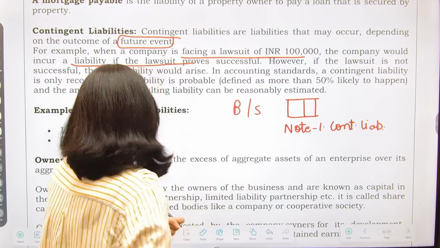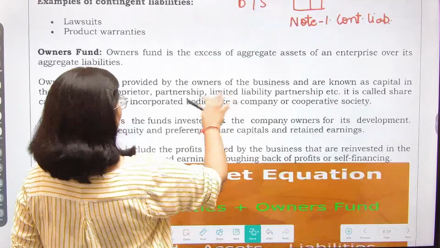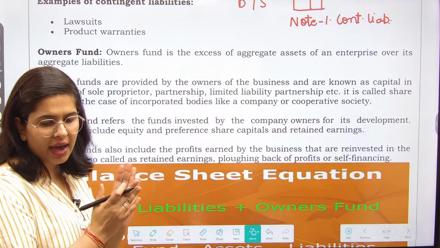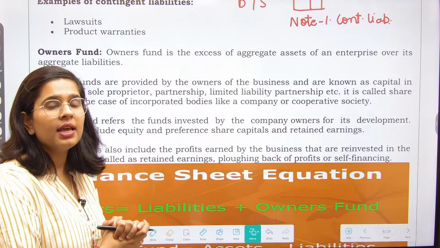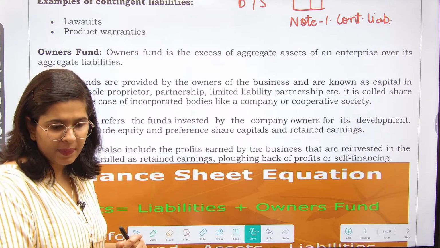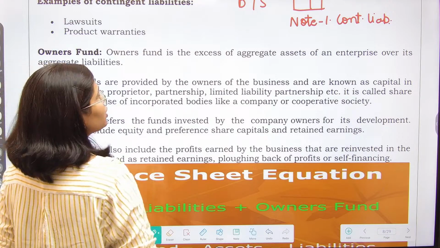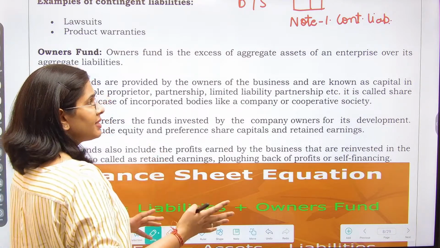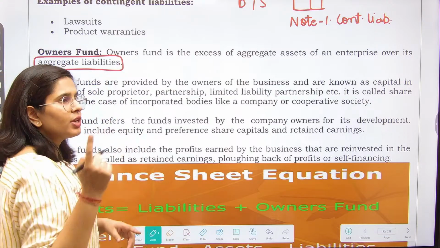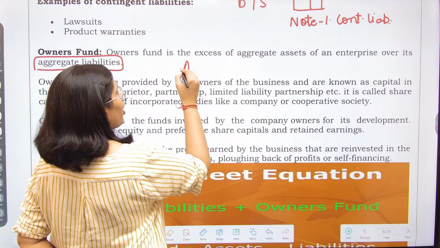Okay? Let's move ahead and talk about owner's fund. So we have talked about everything on contingent liabilities. I hope that you are all aware of the meaning, usage as well as where to display it. Now let's understand the owner's fund. Owner's fund is the excess of aggregate assets of an enterprise over its aggregate liabilities. Yesterday we saw the formula. What was the formula?